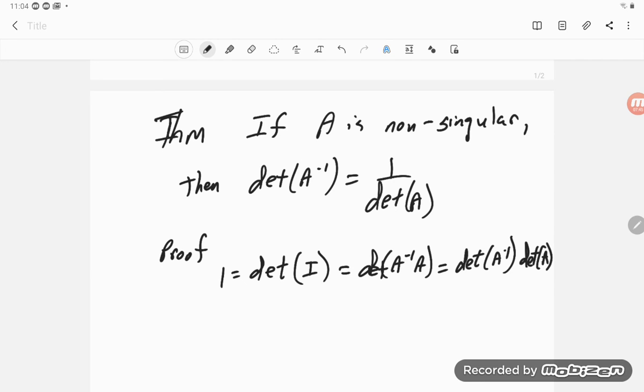But now, just divide both sides by the determinant of A, and we get that the determinant of A inverse is 1 over the determinant of A.